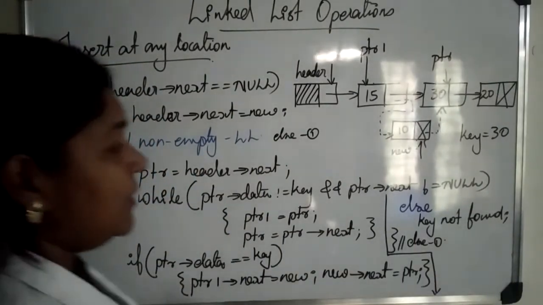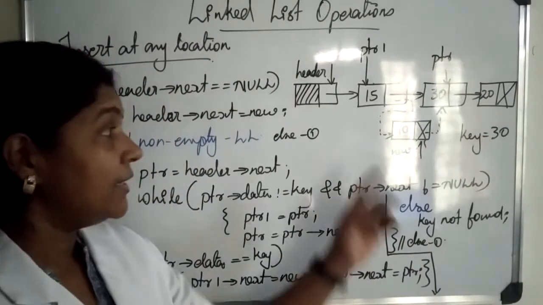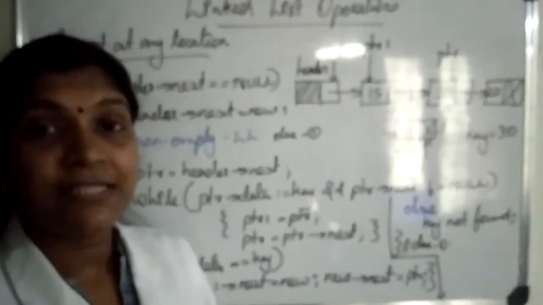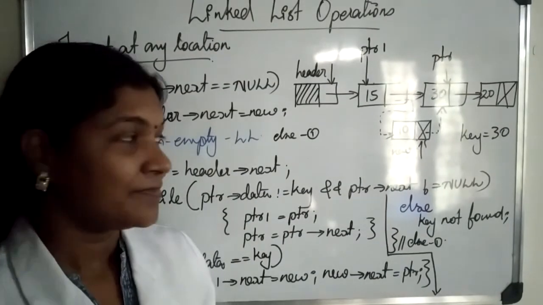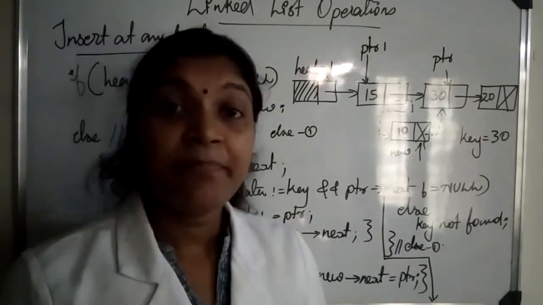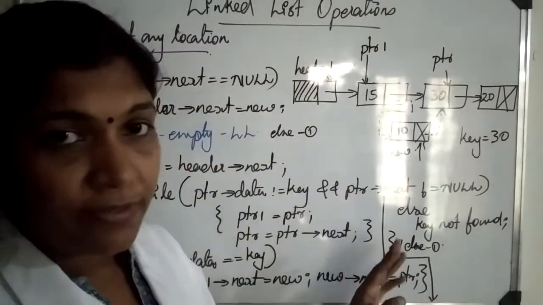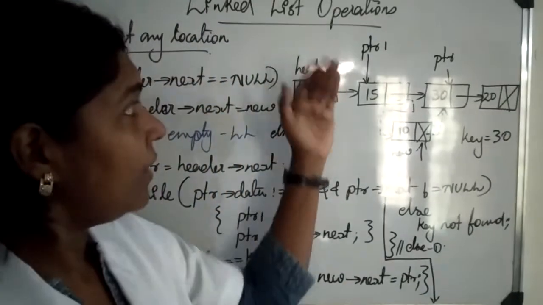So this is the case of inserting a node at any location in a single linked list. I hope you have understood the concept. Thank you. So we completed the code for insert at any location. Then we need to consider one more diagram, that is after insertion.